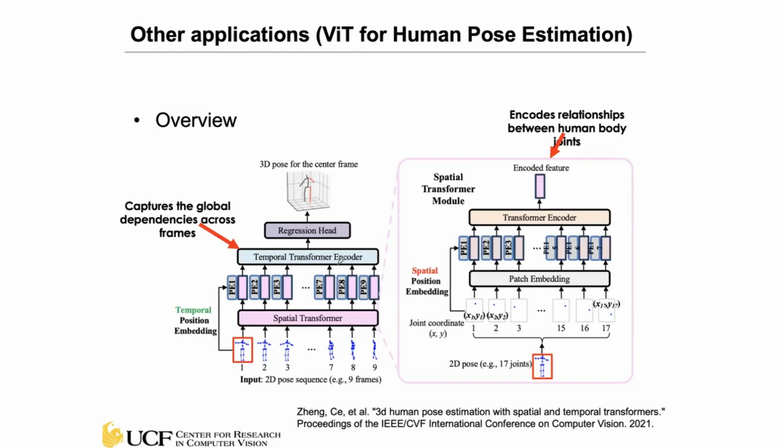Then we can use another transformer to model the temporal correlation, because the input is a sequence, and hopefully we are able to make a very accurate prediction of a single pose for the center frame. So this is another example where we use vision transformer for pose estimation, not like the traditional image classification.